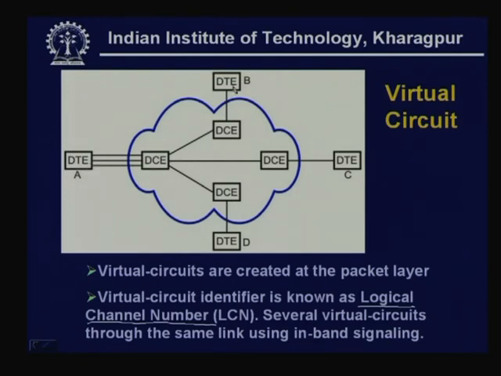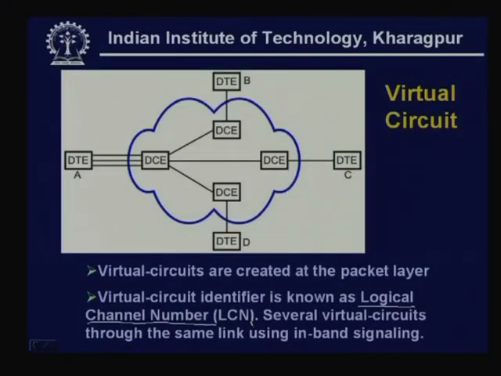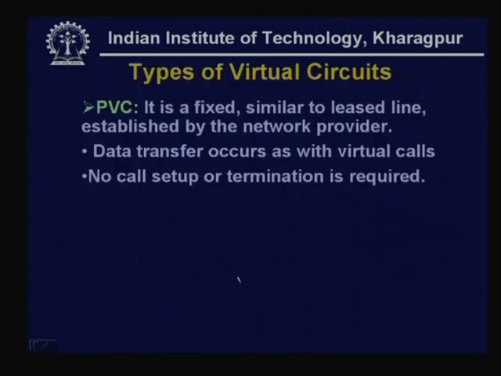One is going to B, another is going to C, another is going to D simultaneously, and on this particular link, this DTE to DCE link, as you can see, there are 3 virtual circuits. So, through the same physical link you can create several virtual circuits, which are identified by a virtual circuit number, the logical channel number or LCN, and several virtual circuits through the same link using in-band signaling can be created. So, this is the fundamental idea of the virtual circuit that is being used in the packet layer of X.25.